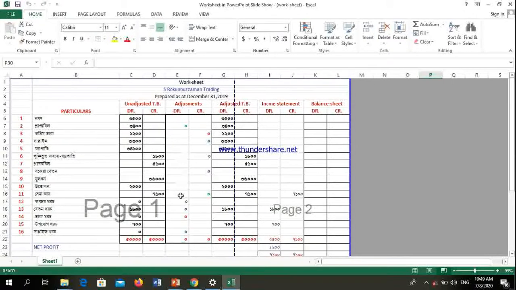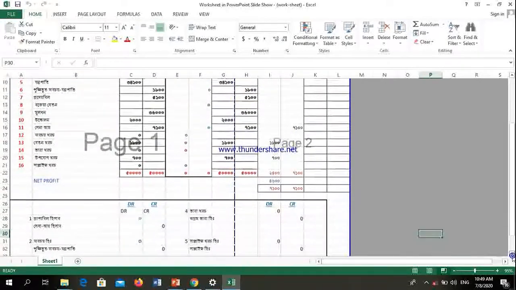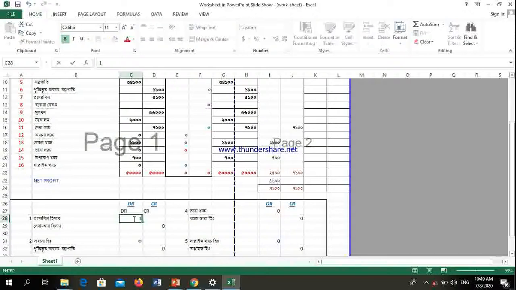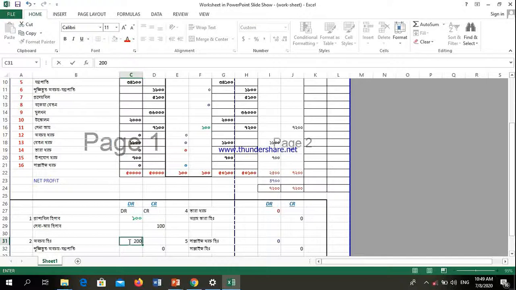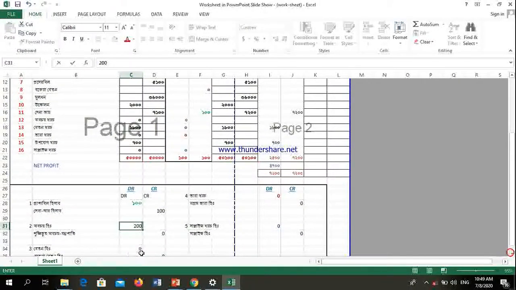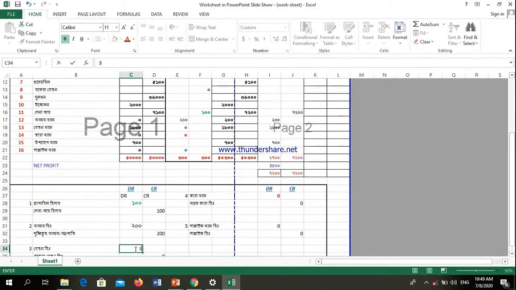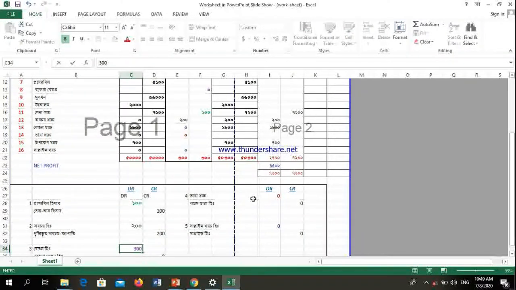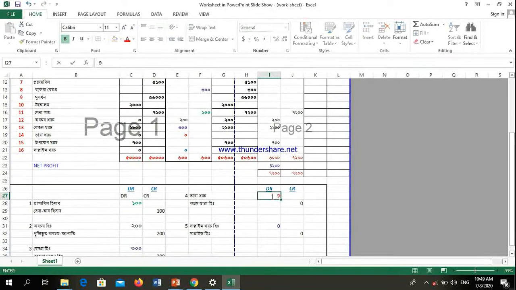As it is an unadjusted trial balance, again for better understanding we will put the figures again. 100, 200, 300, here 900, here 3000.